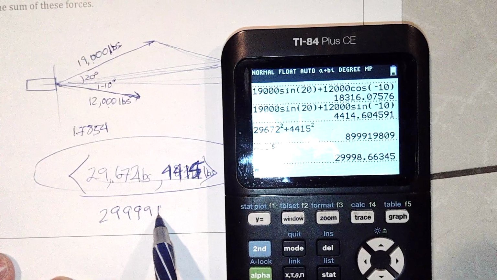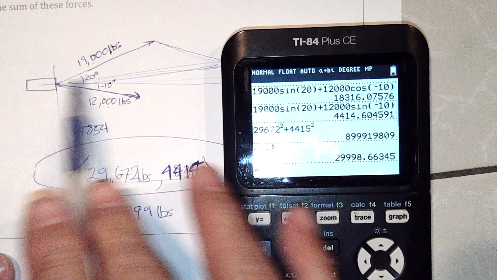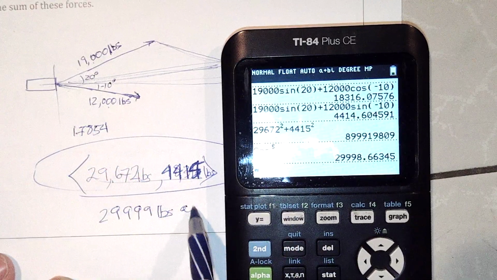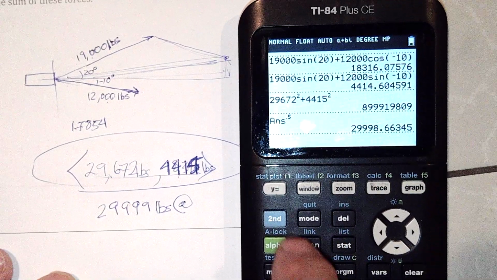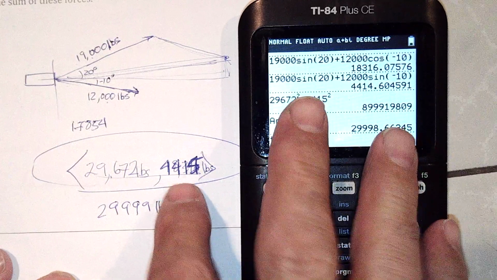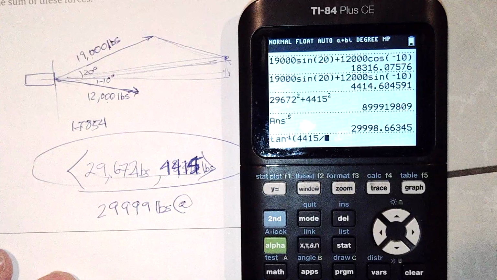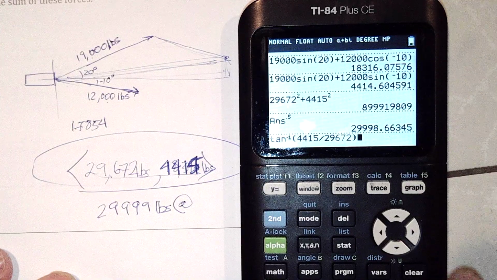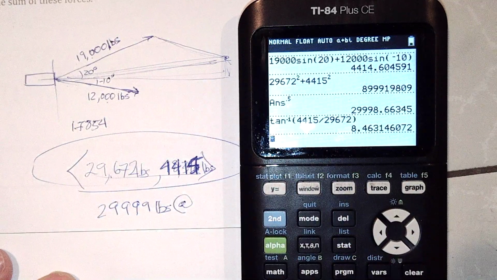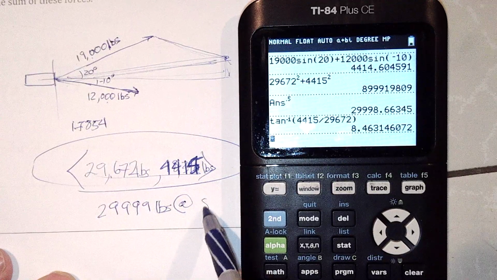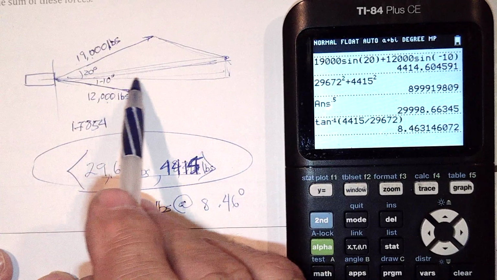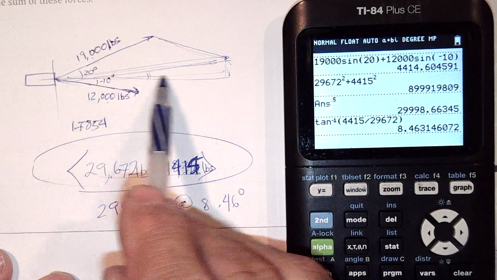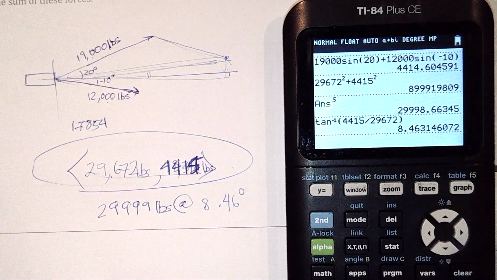Almost 30,000 pounds of pull force on it at, what's the angle? So I'm going to do tangent inverse of 4415 divided by 29,672, and the x is positive, so I don't need to add anything. That's at 8.46 degrees, which looks about right. It's up a little bit from straight out. Okay.